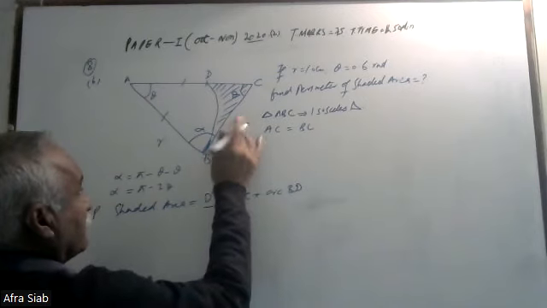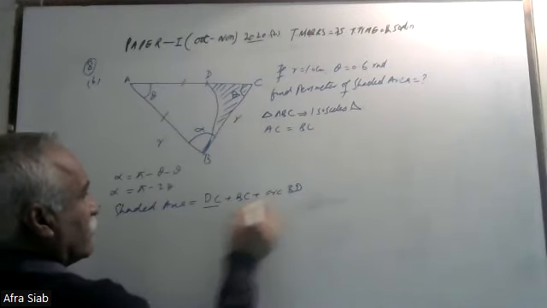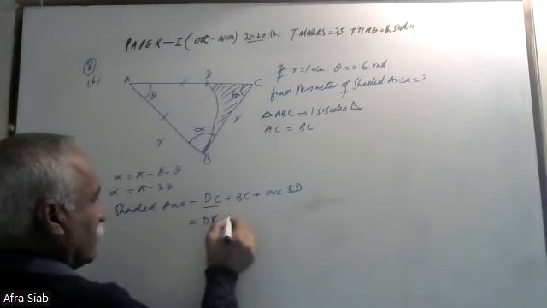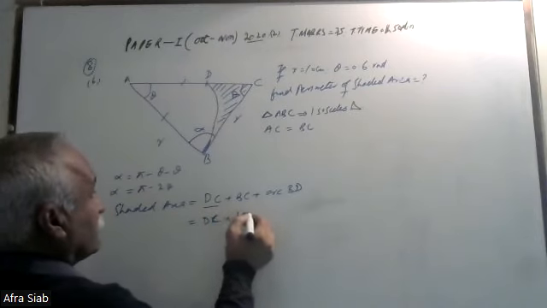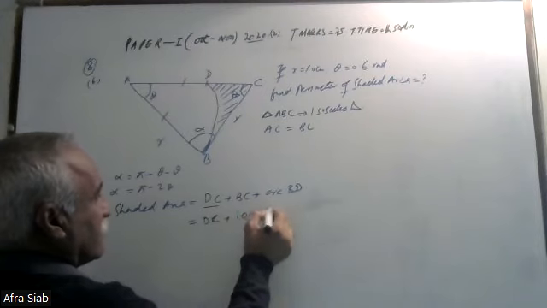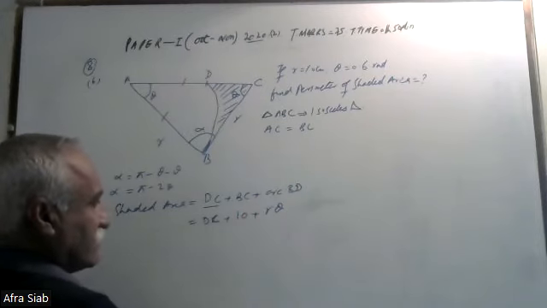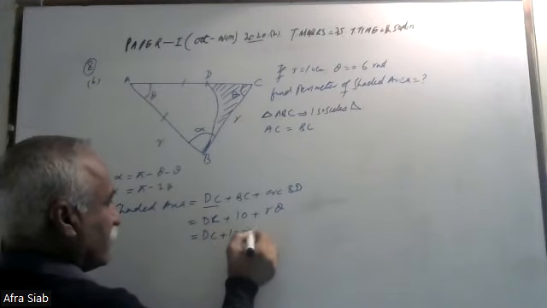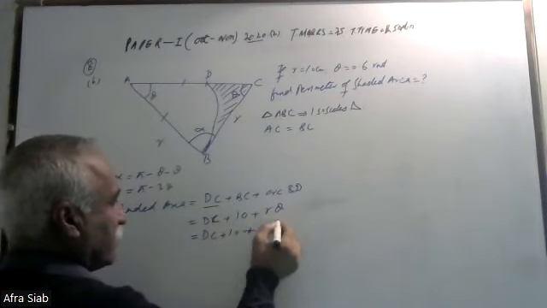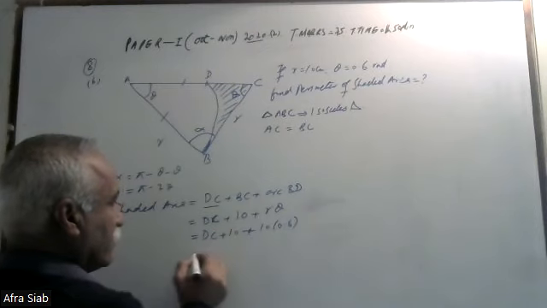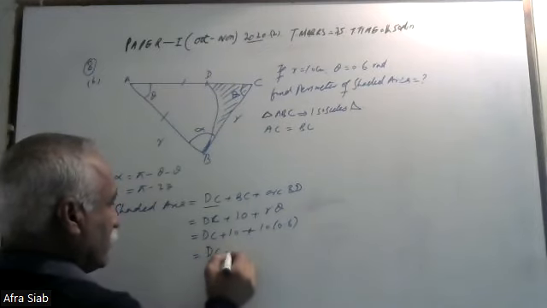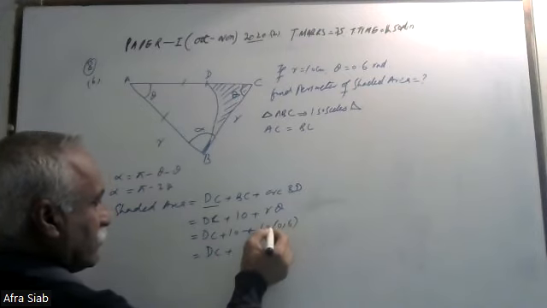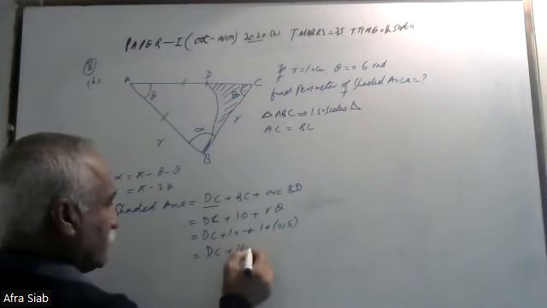DC is the radius, that is equal to 10, and arc BD. So we can write it as DC plus 10, plus arc BD, that is r theta. So that is equal to DC plus 10 plus 10 into 0.6. So that is equal to DC plus 16.